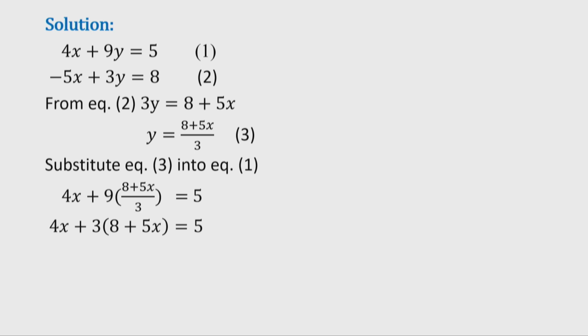Expanding the brackets will give me 4x plus 24 plus 15x equal to 5. Simplifying, I will get 4x plus 15x, which is 19x, and 5 minus 24 will give me minus 19. So x will be equal to minus 19 over 19, which is minus 1.